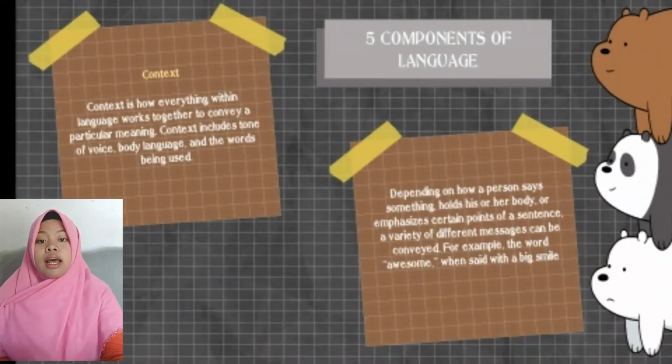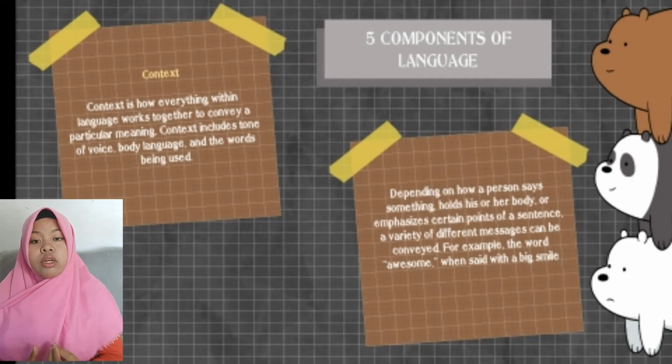And the last component is context. Context is how everything within language works together to convey a particular meaning. Context includes tone of voice, body language, and the words being used.